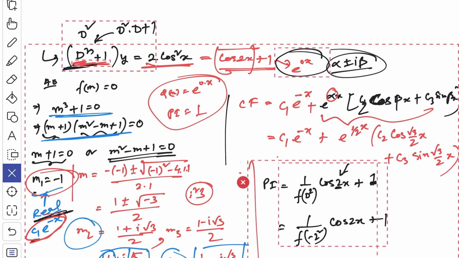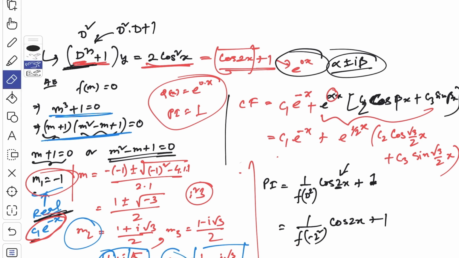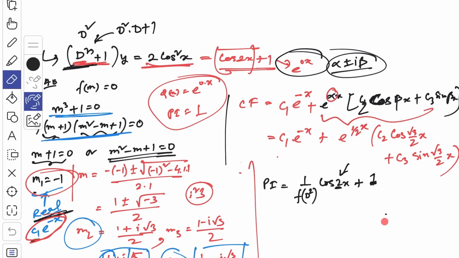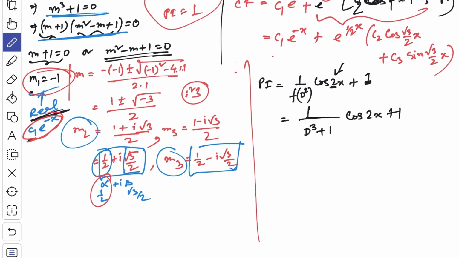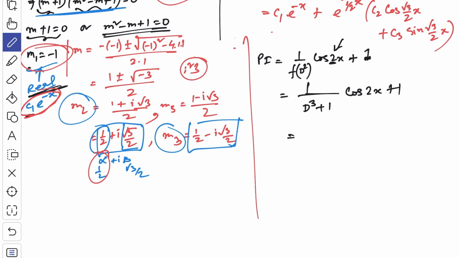So before putting this minus 2, let me do one thing. Let me write the f of d first, that is d cube plus 1, cos twice x plus 1. So let me scroll down the page.